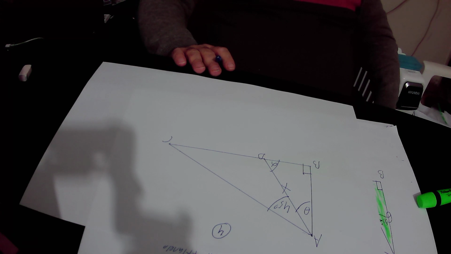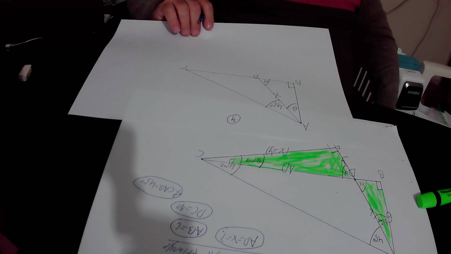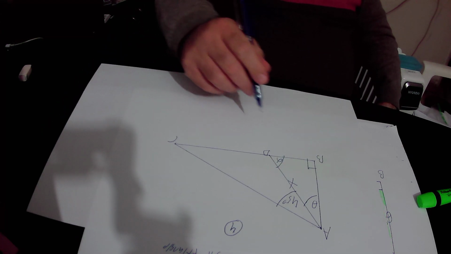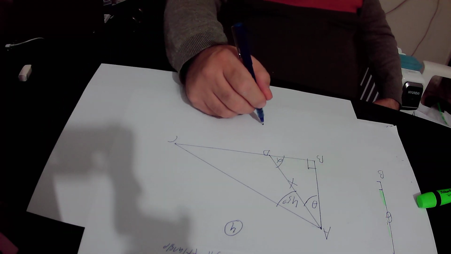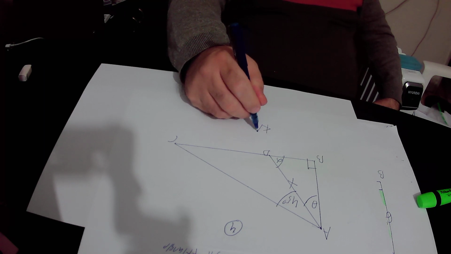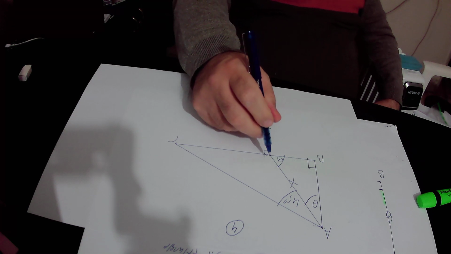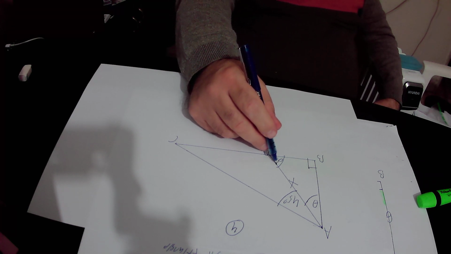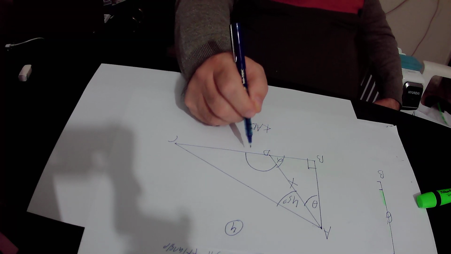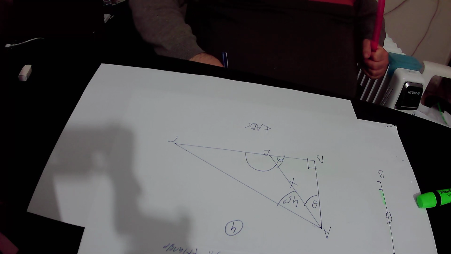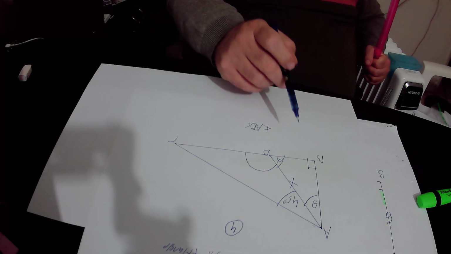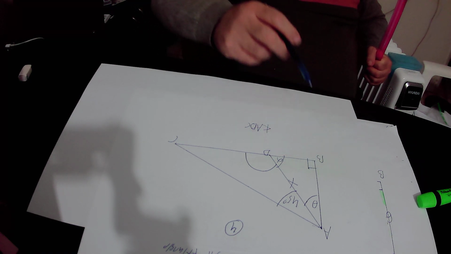And what is the value of angle ADC? This angle ADC is an exterior angle of the right triangle, triangle ABD.